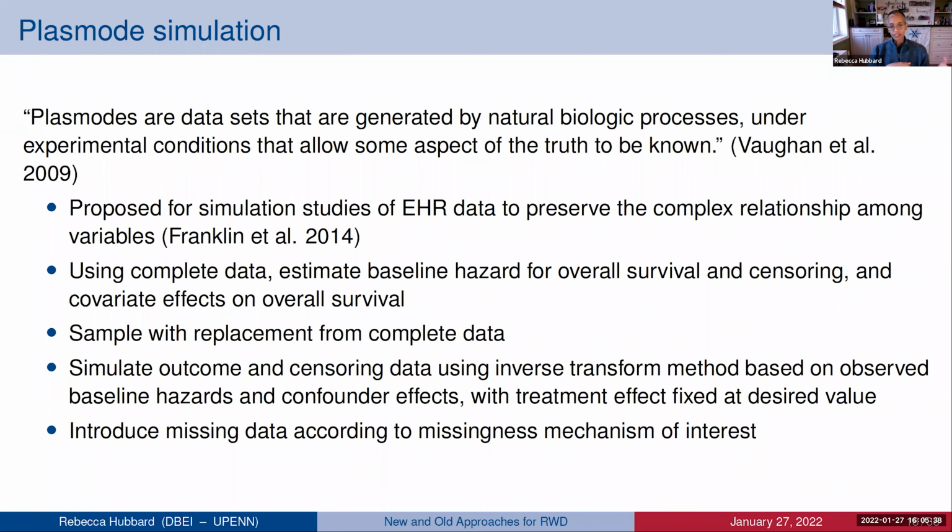That gives us a gold standard that we can compare our estimates from whatever kind of model we're trying to evaluate to. But on the other hand, we're still preserving most of the original true structure of the data. So we're going to use plasmode simulation to generate simulated EHR data sets. We'll then introduce missingness and evaluate the performance of the alternative methods.